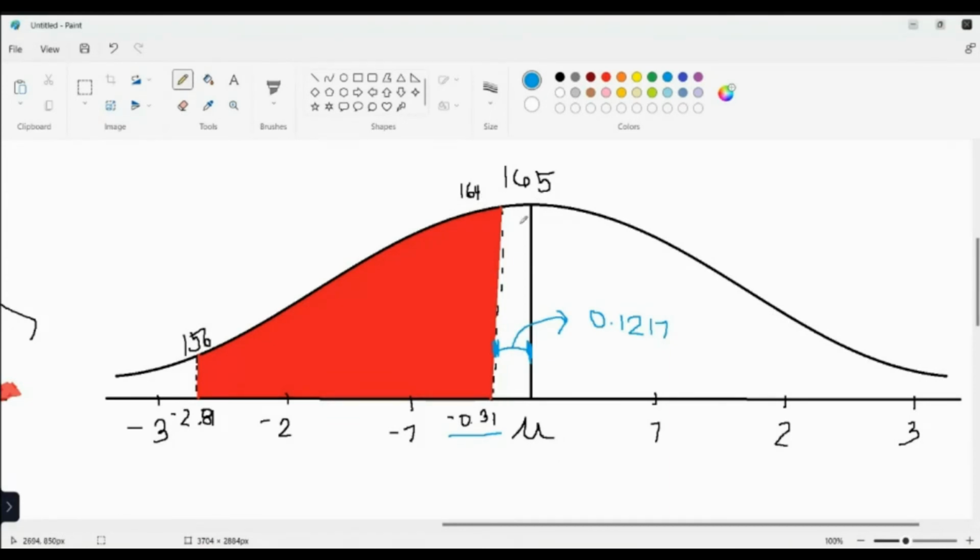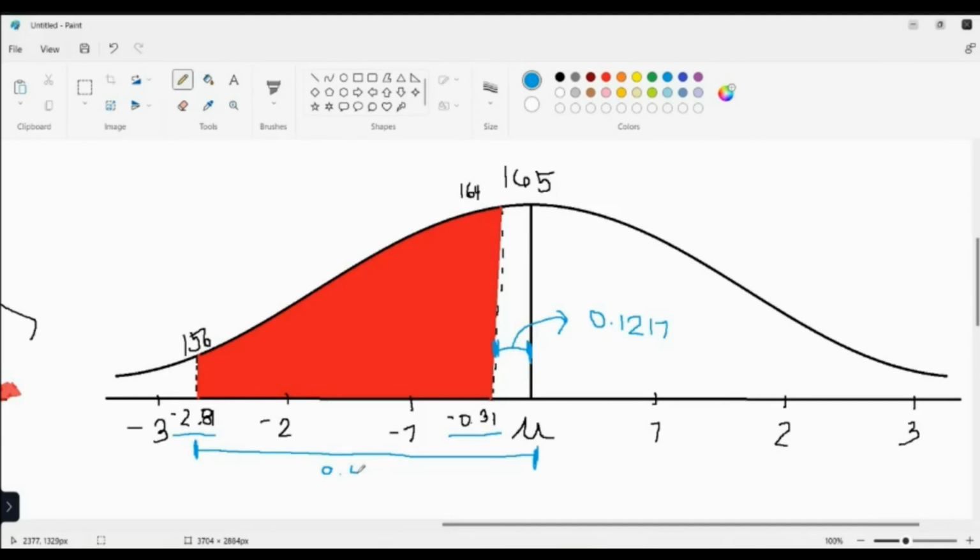Okay, clear yan, no? Next, what is the area from 156 up to 165? And you'll be using this z-score, negative 2.81. This is 0.4975 po. 0.4975.